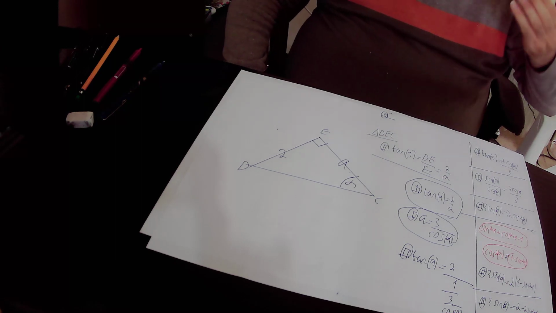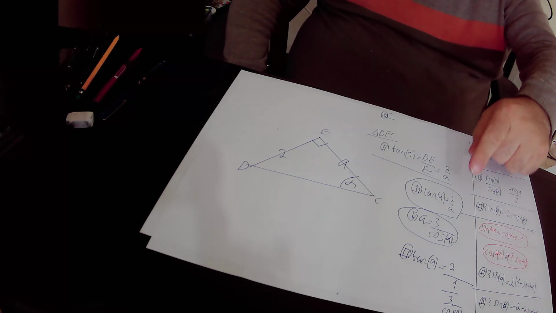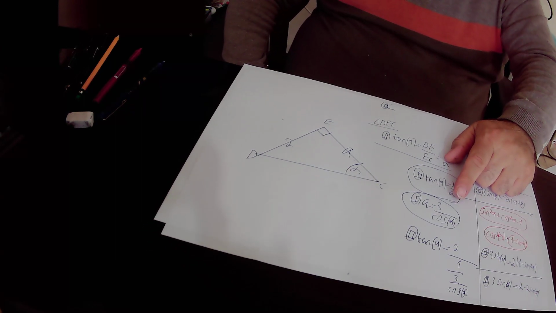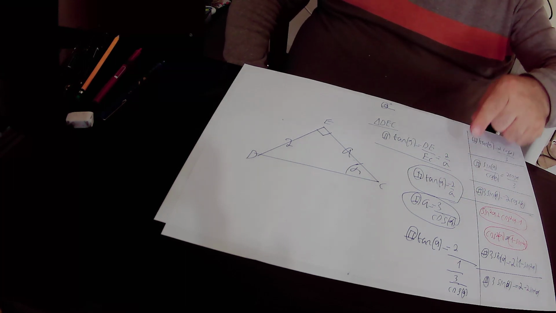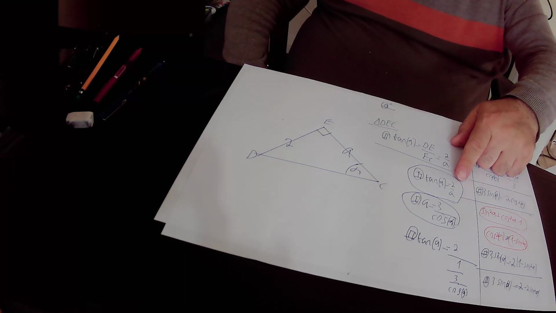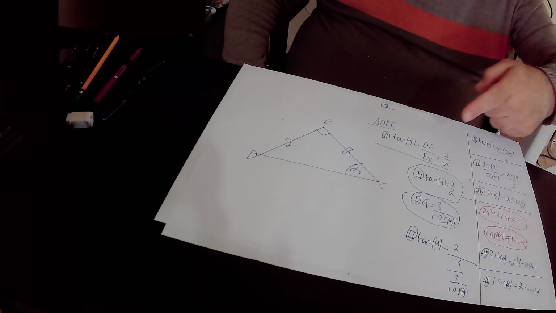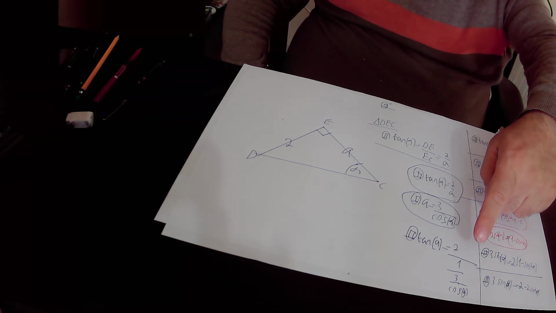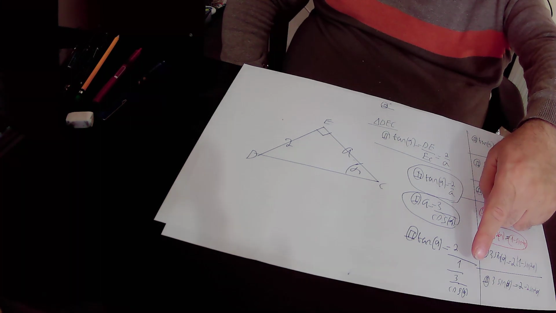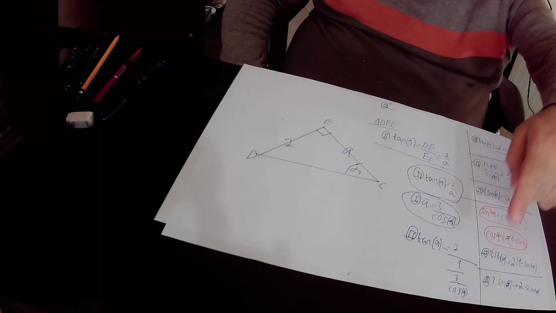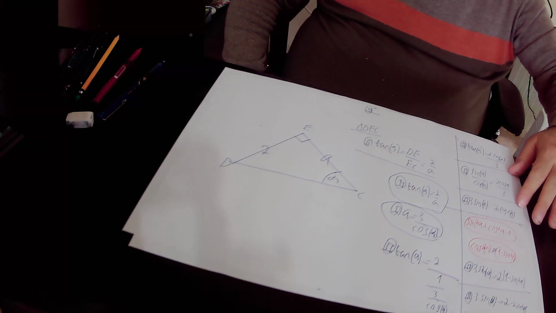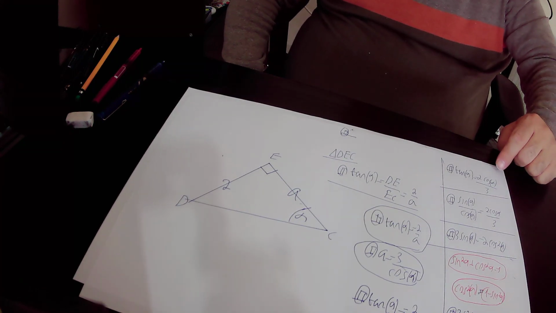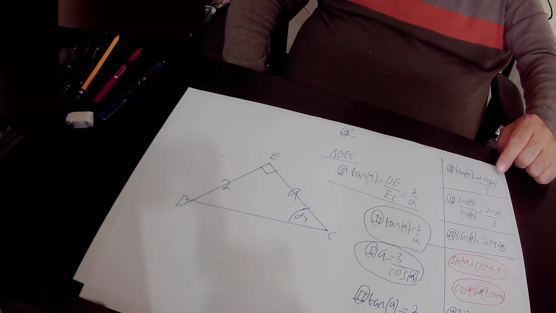But according to equation number 1, we have already found that a equals 3 over cosine alpha. So we can substitute a in equation number 2 by 3 over cosine alpha. We did it and got that tangent alpha equals 2 times cosine alpha over 3.